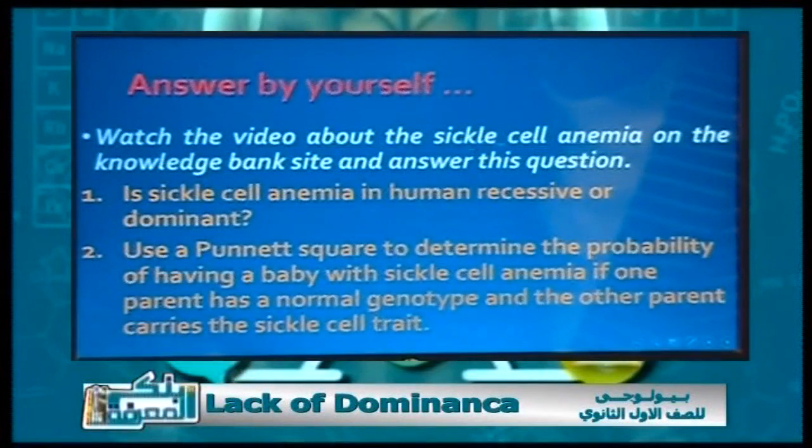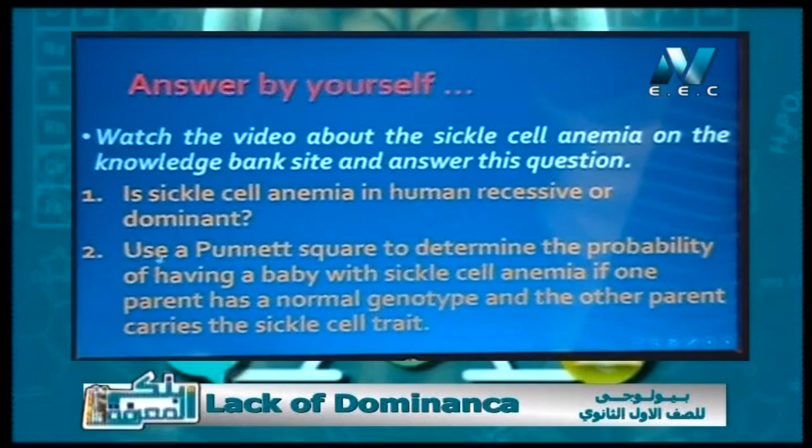Very quickly, please. Sickle cell anemia is one disease that a human being suffers from. And after watching the video, you can find the answer to this question. Is sickle cell anemia in humans recessive or dominant?